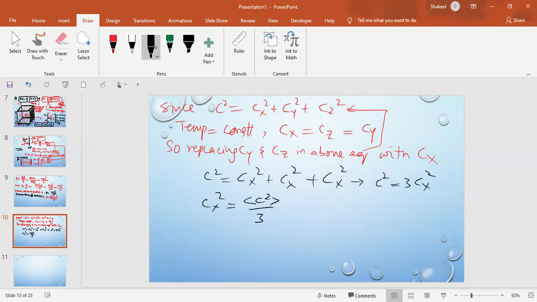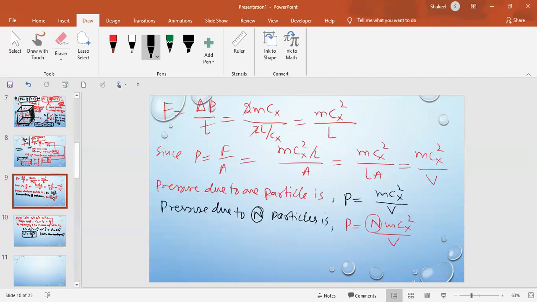And you can introduce this bar sign as well because this is the average. This is the average speed because you're taking all the components. So c square is the mean squared speed of gas particles. Now you will be replacing this in the previous value over here with cx.